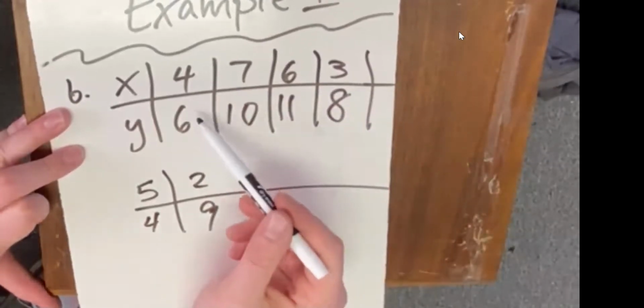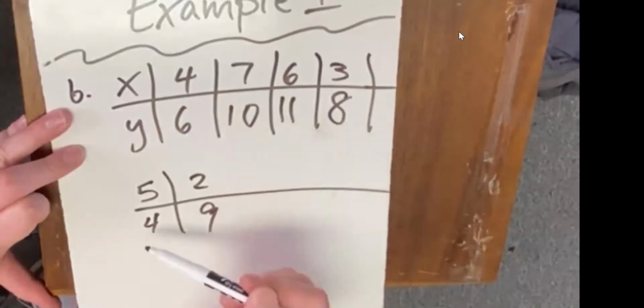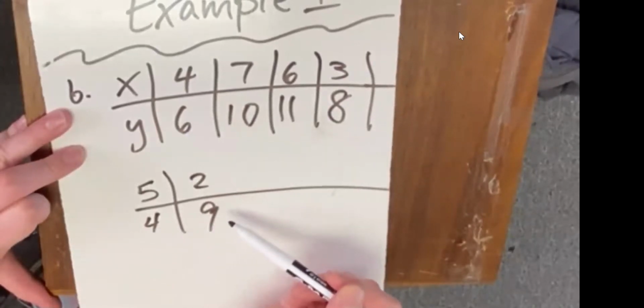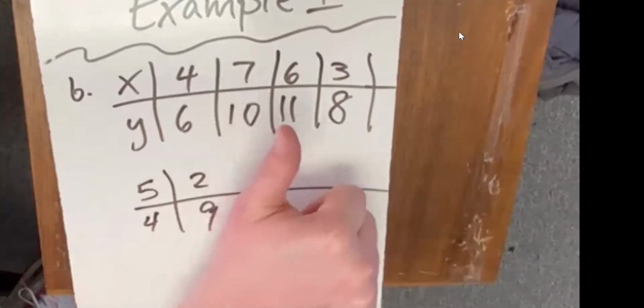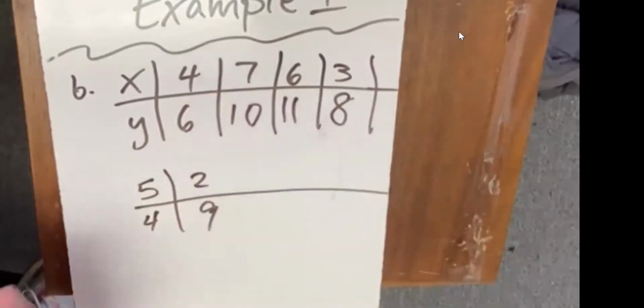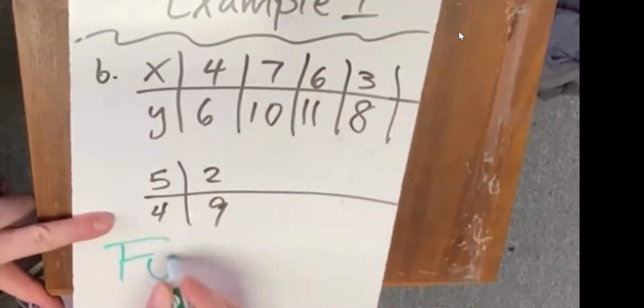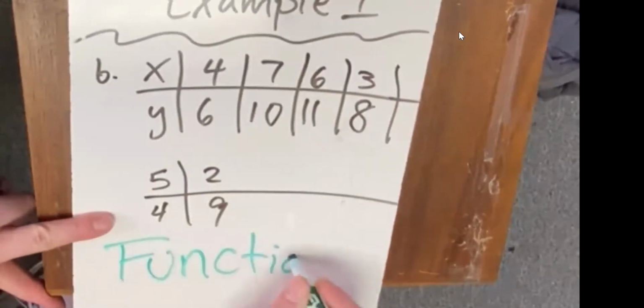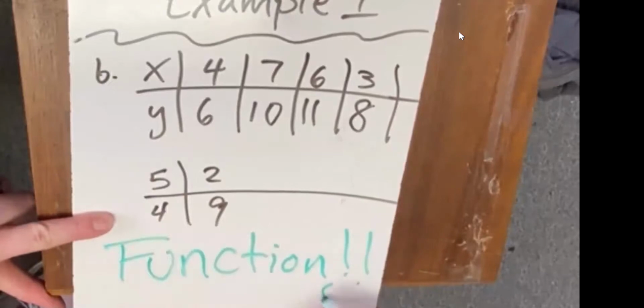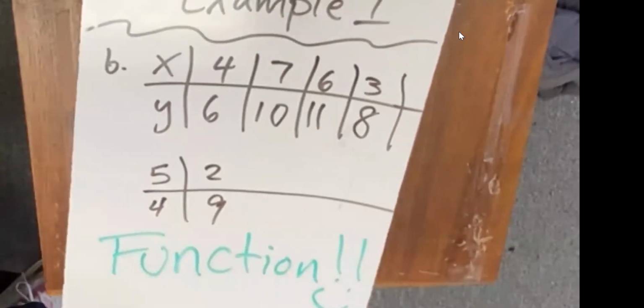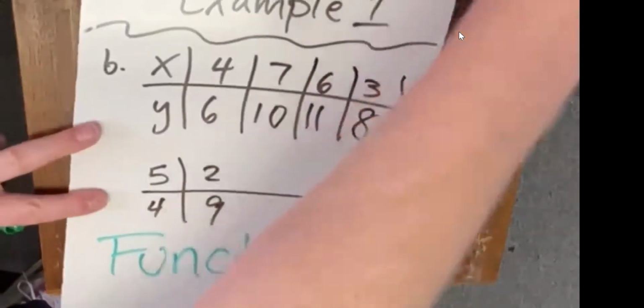Are there any duplicates? 6, 10, 11, 8, 4, 9. No duplicates, so we are good. This is a function. Get my green pen. Yay, function. Party, smiley face. All right, so example 1 is a function.